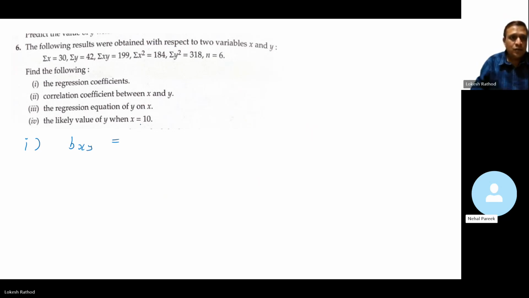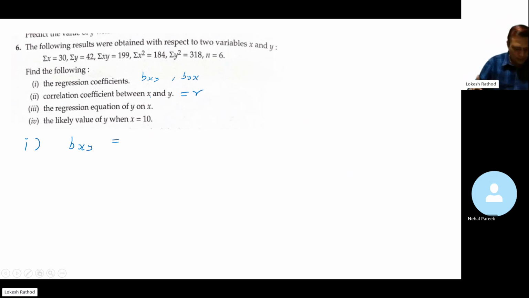R is not given here. Regression coefficients means, I told you to write, regression coefficient and correlation coefficient. Regression coefficient means bxy, byx. Bxy and byx. And correlation coefficient is r.